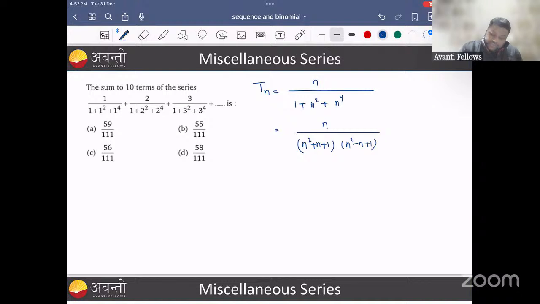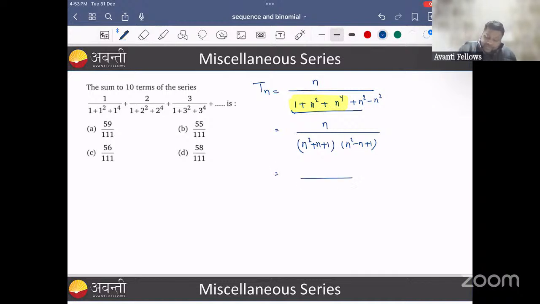It can be easily obtained by adding and subtracting n square. So first this becomes n square plus 1 whole square minus n square. So this denominator 1 plus n square plus n to the power 4 has factors n square plus n plus 1 into n square minus n plus 1.